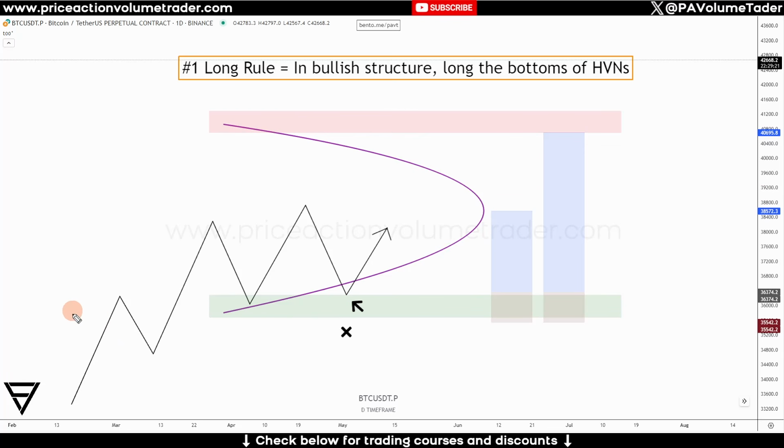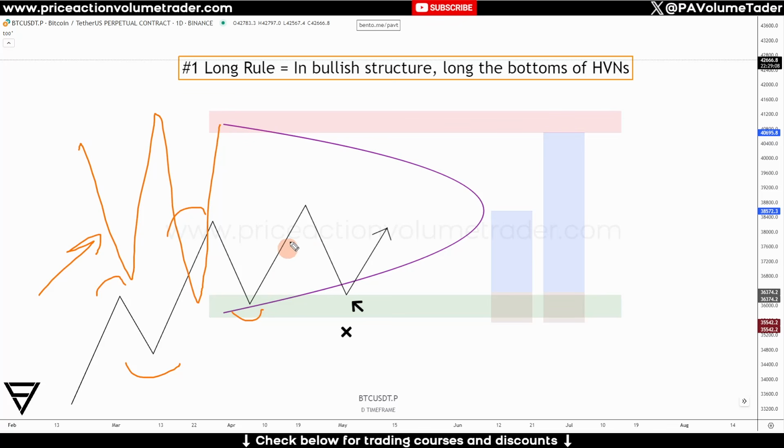When the market starts coming in an uptrend, we're making higher highs, higher lows. Whenever you see price accepting within this high volume node and pulling back into the bottom of it, this is where you want to be looking for longs.